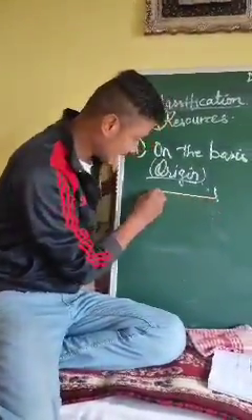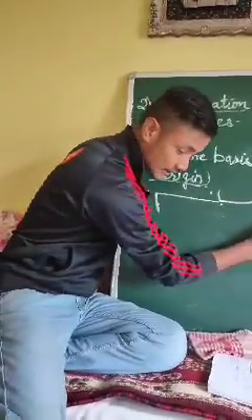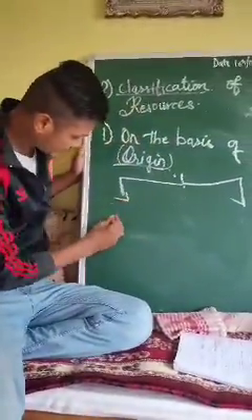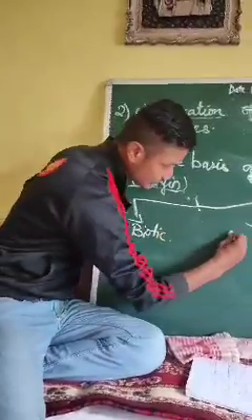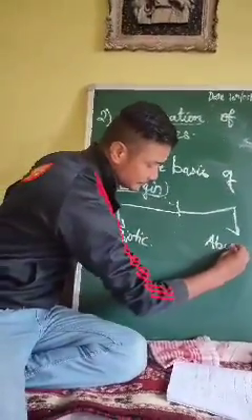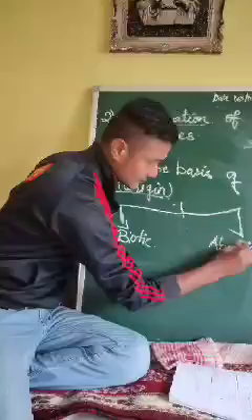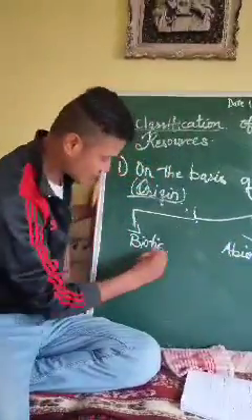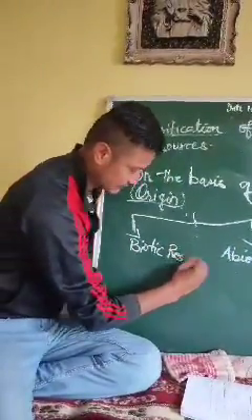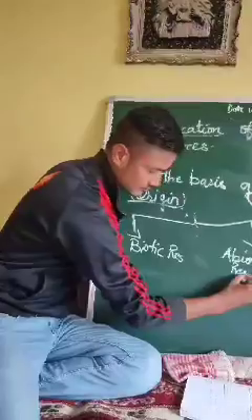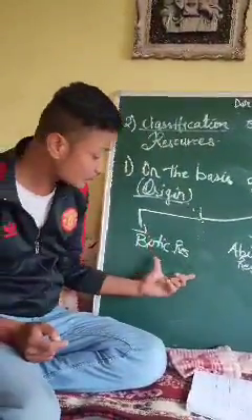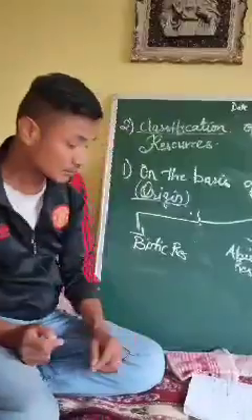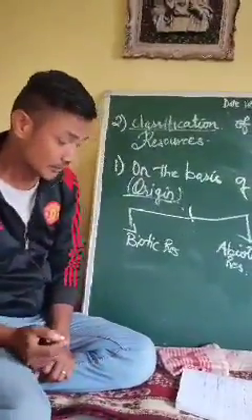One is called biotic and another is called abiotic resources. On the basis of origin, there are two types of resources: biotic and abiotic.